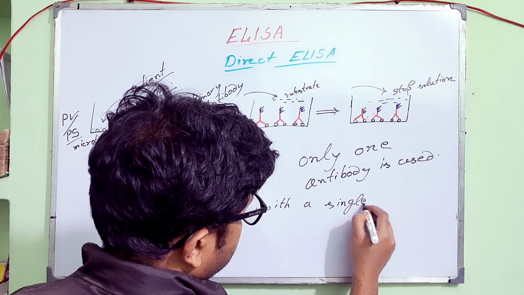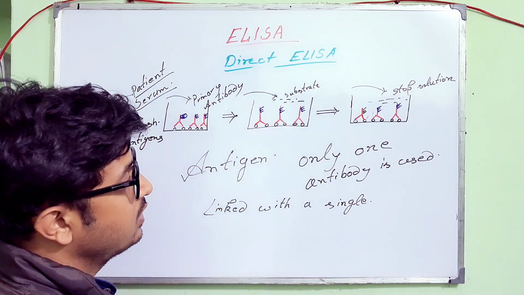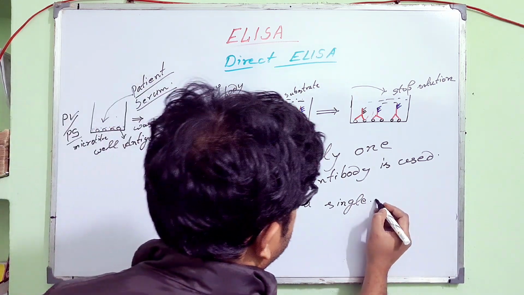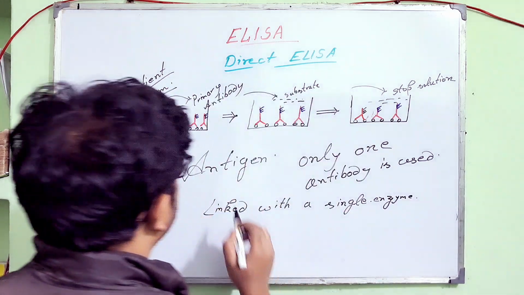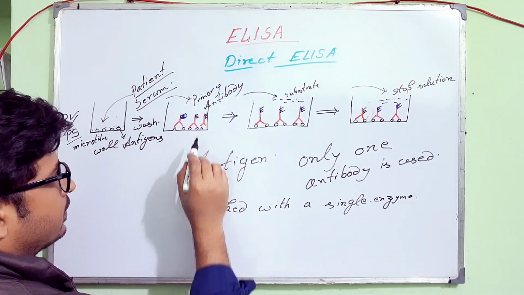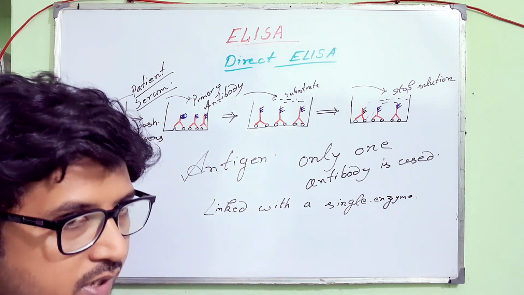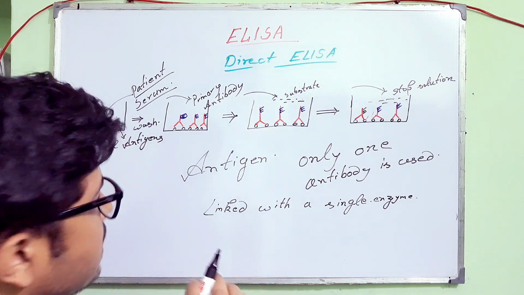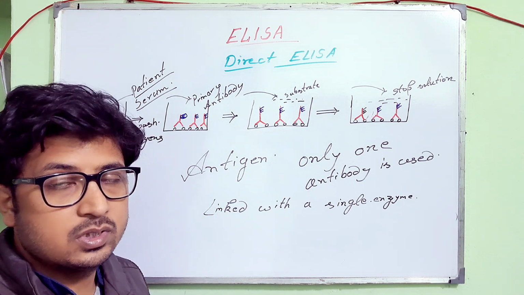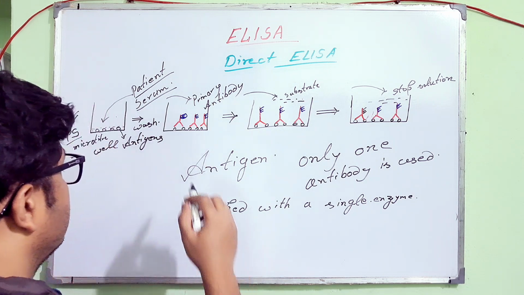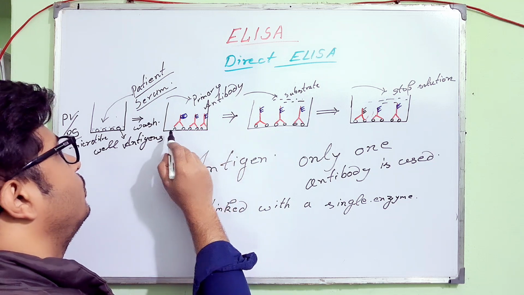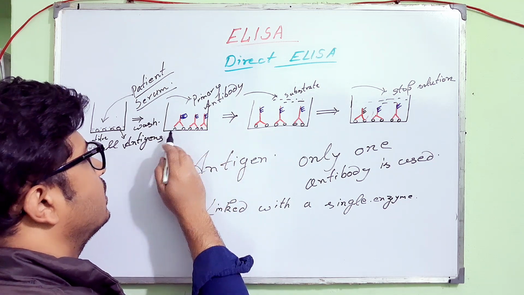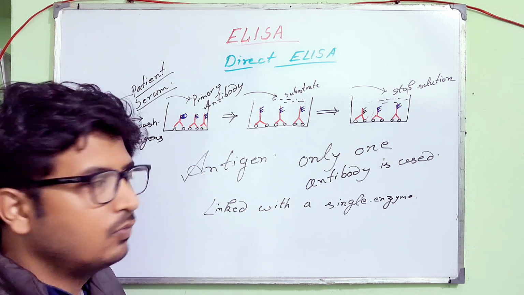The enzyme may be, as I have shown you in the chart, any enzyme, but the antibody will be linked with the enzyme. Now this antibody is specific to the antigen which I am going to diagnose, or for which pathogen I am going to use it. So this primary antibody will attach to the antigens present in the well.